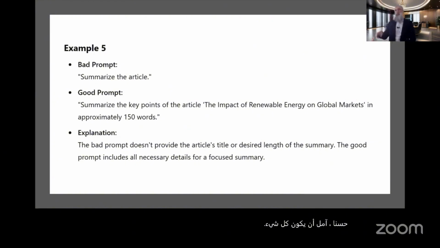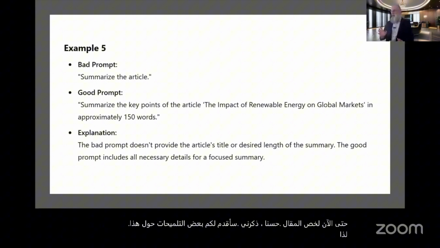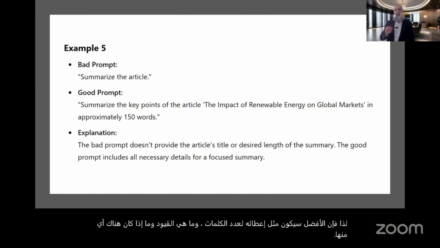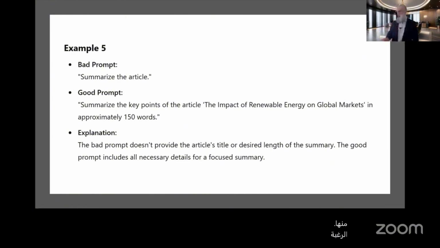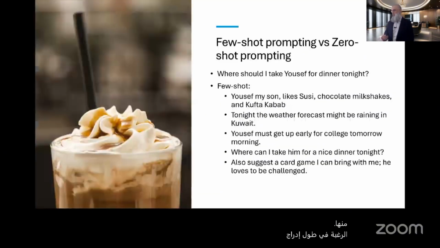Okay, I'm going to give you some hints on this one. A better one would be giving it the number of words, what the limitations are, and if there's any desired length, including details to concentrate on more than the rest.